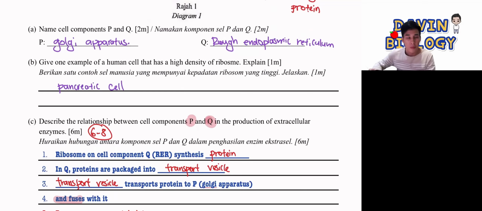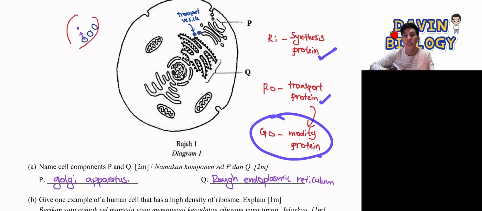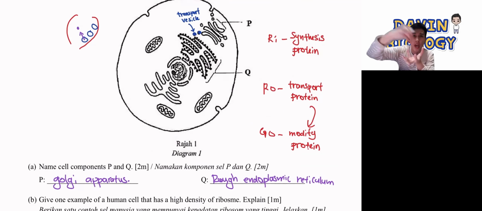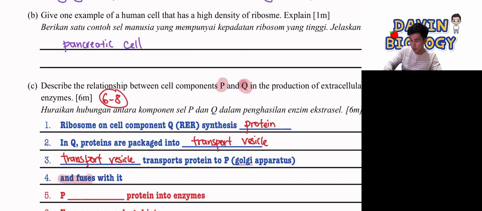Now we're done with these two already. I got the protein already, I transported the protein already, now I reach the Golgi apparatus. So what does the Golgi do? Take the protein, modify it into enzyme. It means I use protein to make things. So that's what we mention: P, which is your Golgi apparatus, will now modify the protein into enzyme.